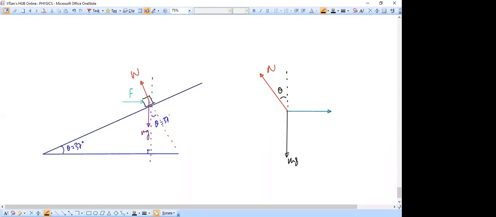This angle is theta, and this angle is 90.